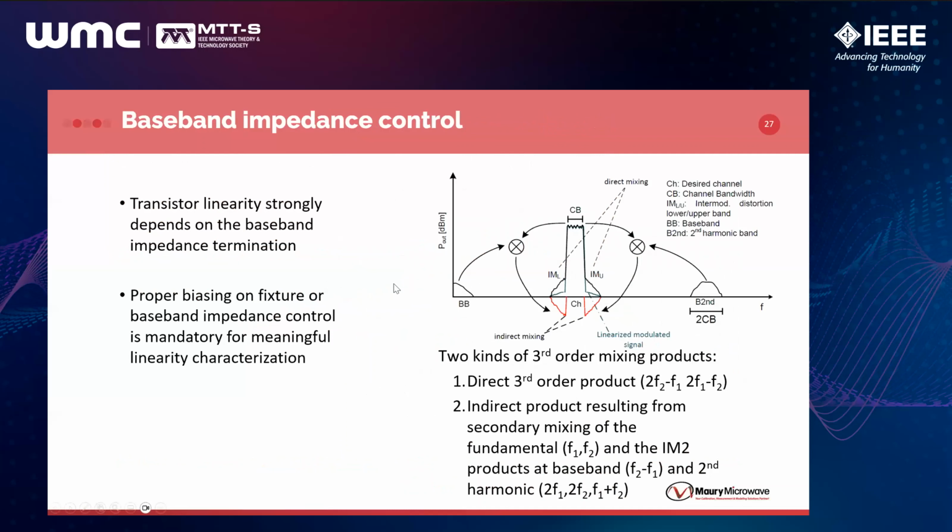The last is about the baseband tuning, where we synthesize impedances at the baseband to be able to reduce the adjacent channel power. With that, we can increase the linearity, or study the linearity of that device.